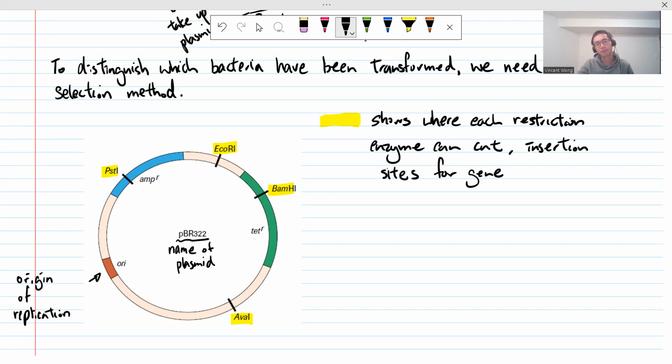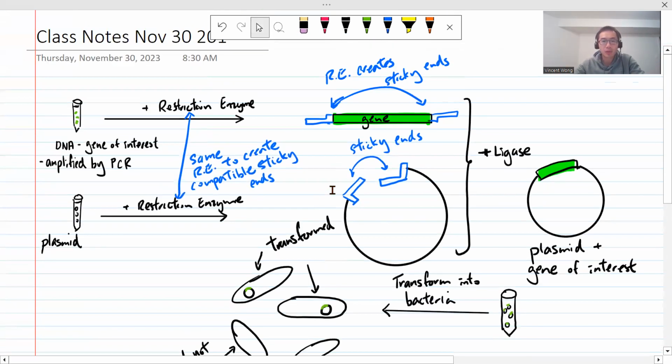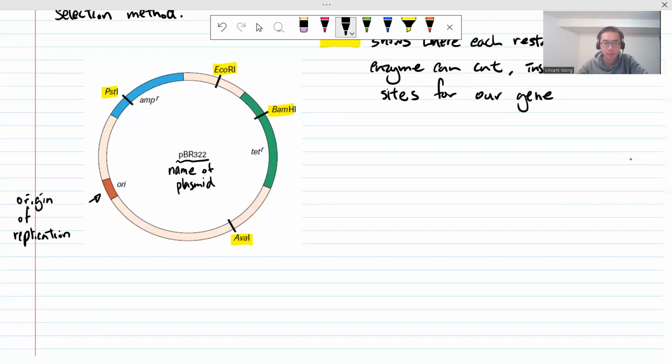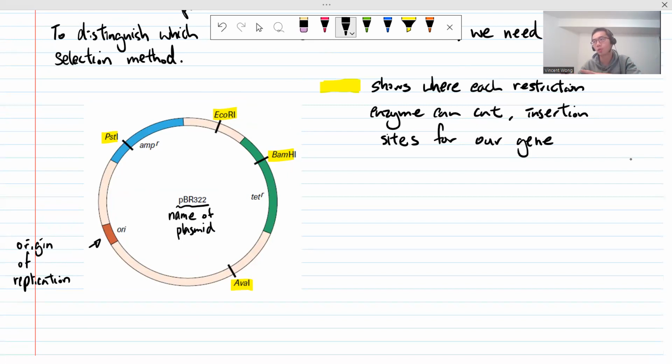For our gene, the green thing we're trying to put in. In order for us to insert the gene into the plasmid, we have to cut them with the same restriction enzyme. So if I cut our gene with EcoRI, which is the restriction enzyme, then I have to cut the plasmid also with EcoRI, and then your gene is going to go in right here.